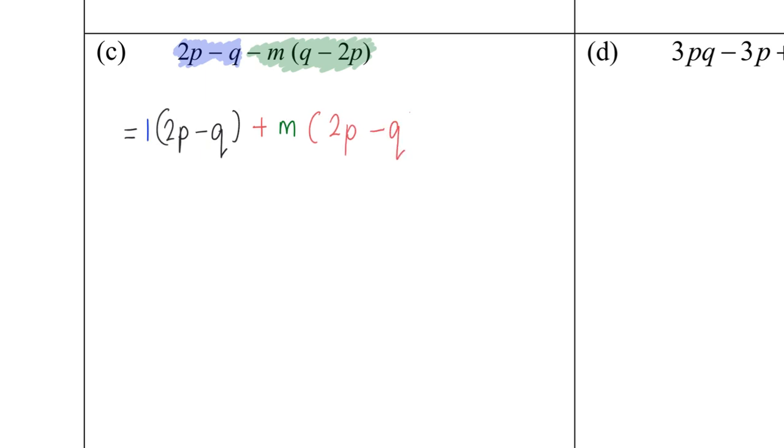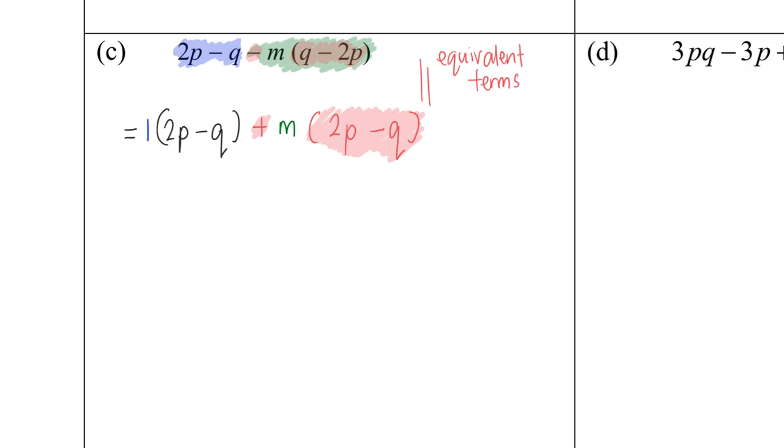minus q. Because Mr. Tan knows that positive 2p minus q and negative q minus 2p, they are equivalent terms or equivalent expressions.